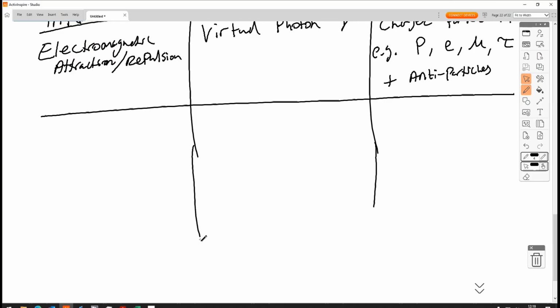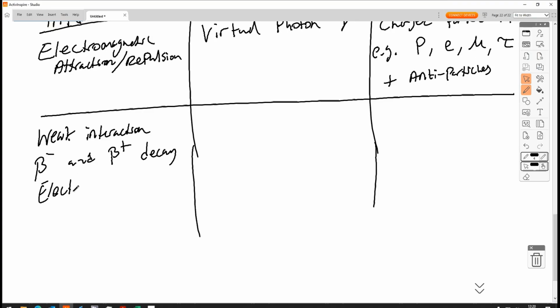Next is the weak interaction. So the weak interaction is responsible for beta minus and beta plus decay, or electron capture. And for that we use the W minus, the W plus, or the Z naught bosons.